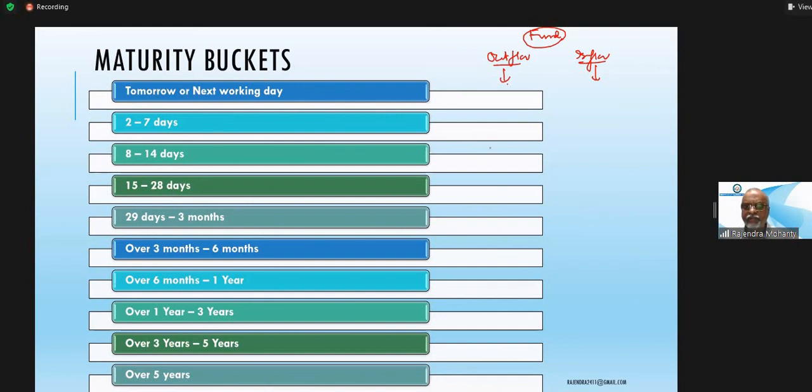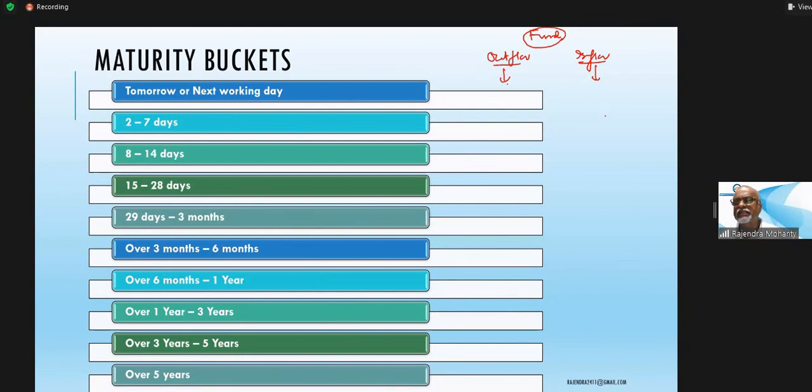From the starting point, from the next day to 5 years, you can plot whatever your figure says. Because you might have some deposits or liabilities of 5 years, and at the same time assets of 5 years also. So you can plot all those things together in the 10 maturity buckets. So you can know what is the outflow of any of the buckets and what is the inflow.